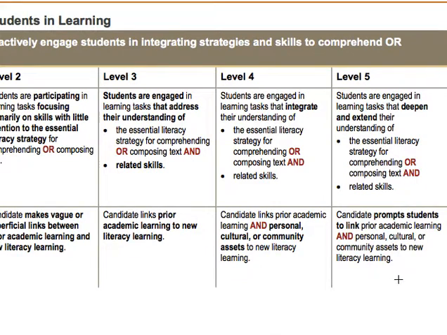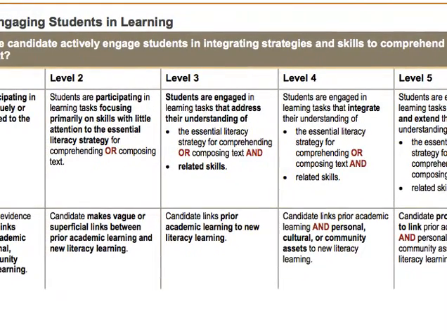The other part of that is that you aren't just talking about how you did this, but you are getting the students to think about how what they're learning now relates to what they learned in the past and who they are as individuals. I think in this case, a 4 is pretty easy to get. A 5, I think, is a little more difficult, but definitely doable.